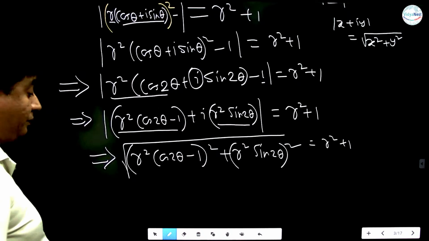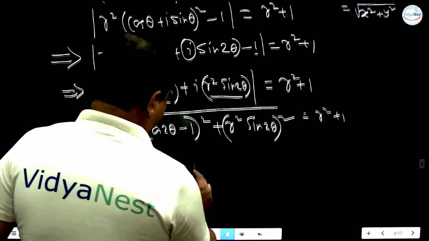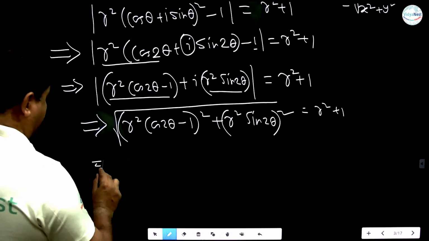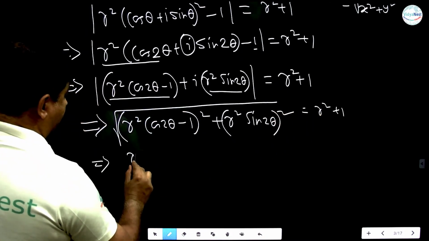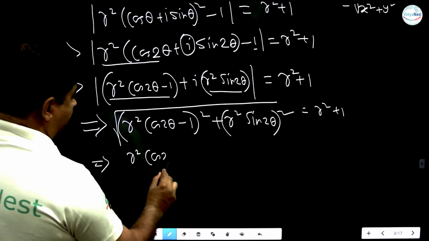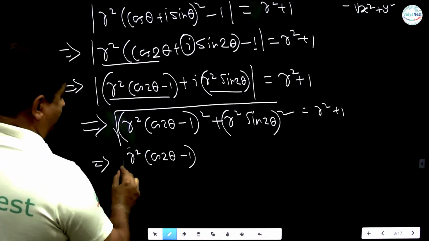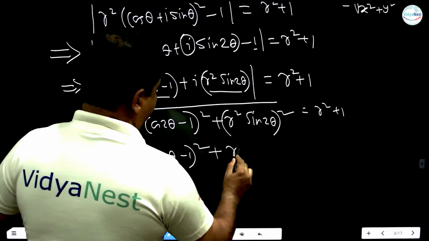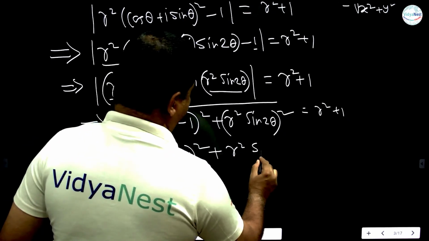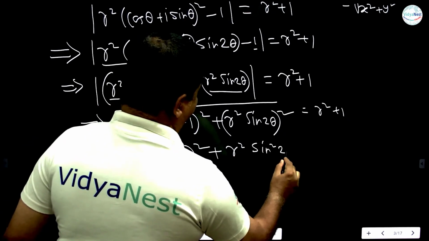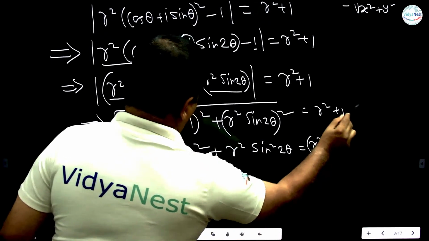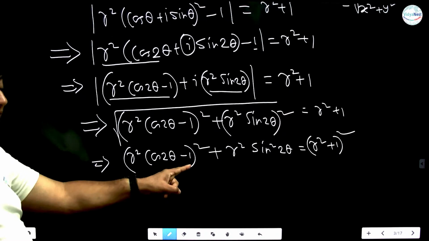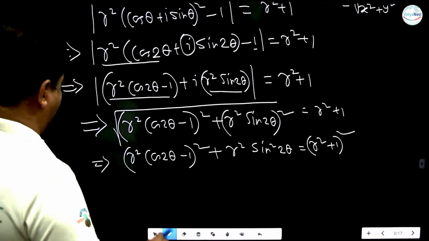कैसे करना होगा? देखो, first of all you square it, you will get what? r square cos 2 theta minus 1 whole square plus r square sin square 2 theta. It is equal to this thing whole square. This will be expanded by a minus b whole square.